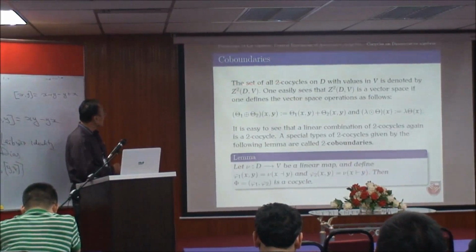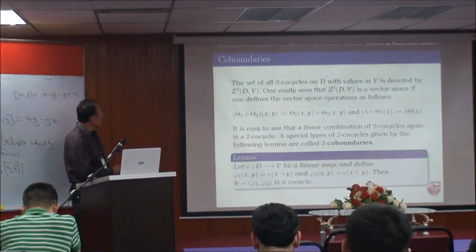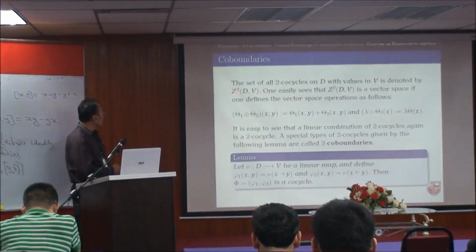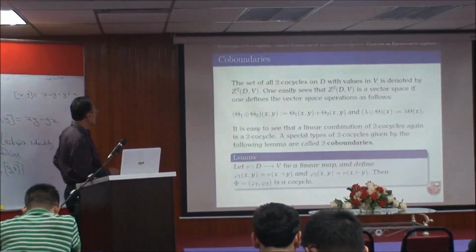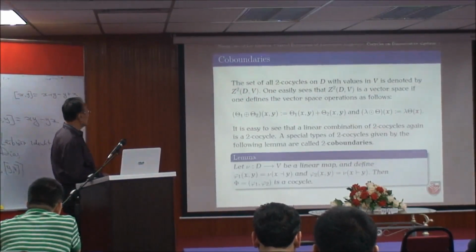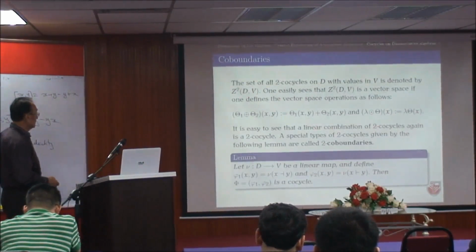Let me collect all cocycles in Z2. Then the addition operation we can define this way, and multiplication by a scalar also this way. The resulting set of all cocycles is a linear space.